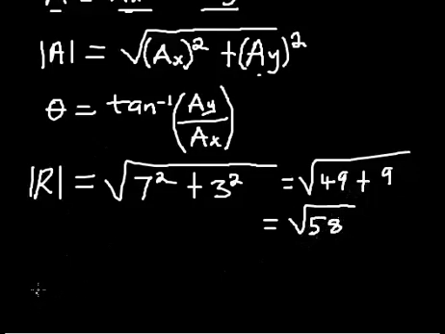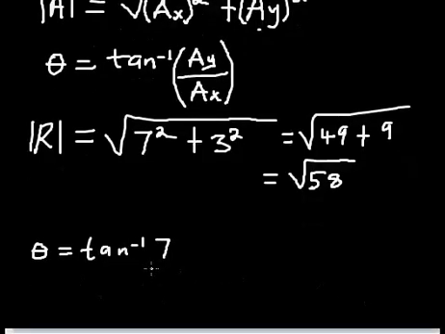Then the direction theta is going to be tan inverse of the vertical component, which is 7, divided by the horizontal component, which is 3. Just use a calculator and evaluate that, and you're good to go.